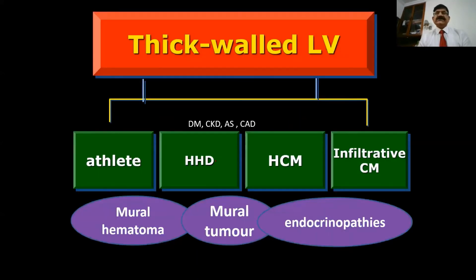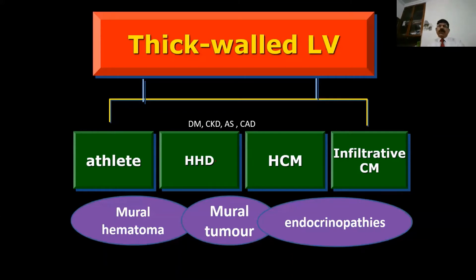So let us discuss the differential diagnosis of thick-walled ventricle. There is no doubt that there are some conditions which cause borderline or mildly thick-walled ventricle, like diabetes per se, CKD, and of course aortic stenosis causes a big thick-walled ventricle, and coronary artery disease.